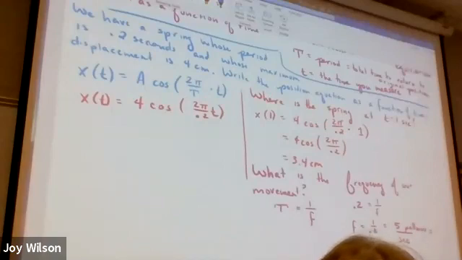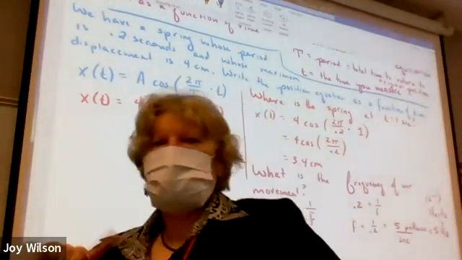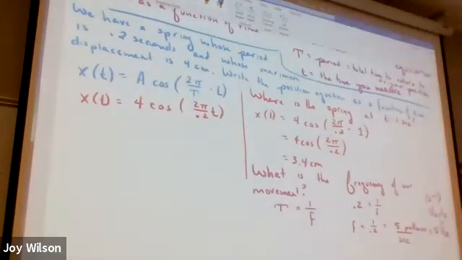We call this unit the hertz, just like the rental car. It is seconds to the -1. So our little guy is going to do 5 back and forths in 1 second.